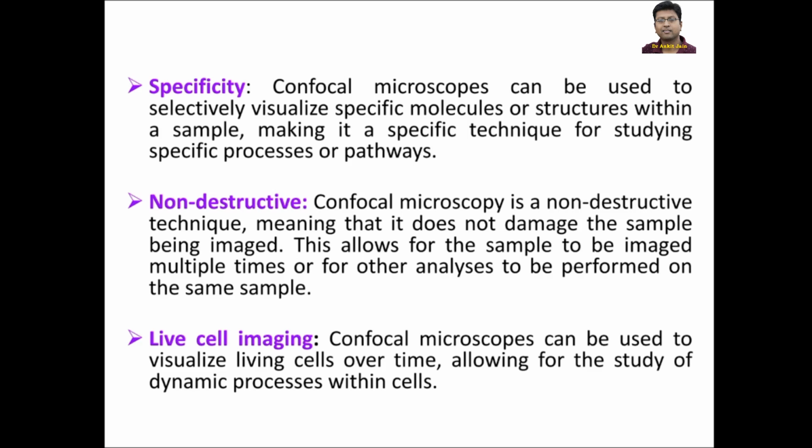Specificity: it is very specific because a particular fluorescent dye is added to a particular protein, so we can visualize a particular protein as an image. It is non-destructive in nature because the fluorescence will not damage any structure of the cell, so we can also analyze live cell imaging with the help of LSCM.